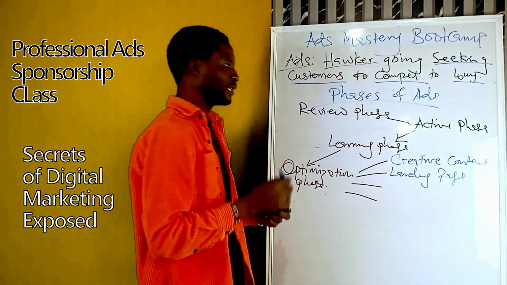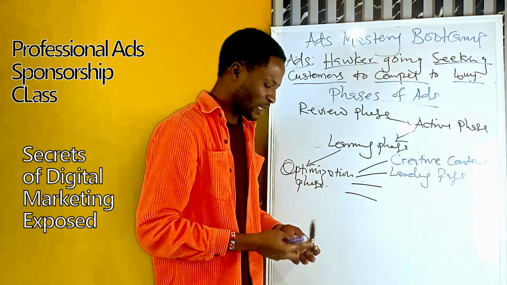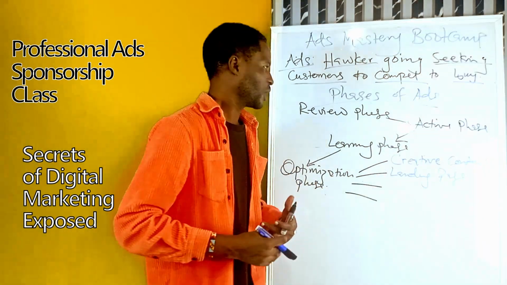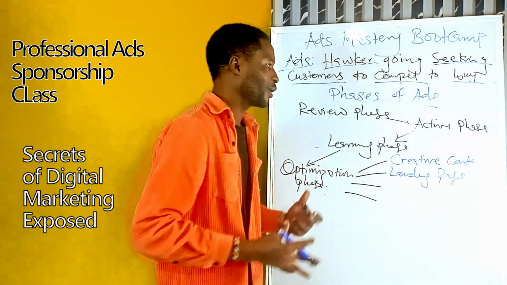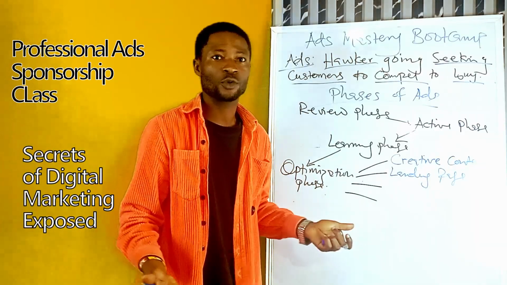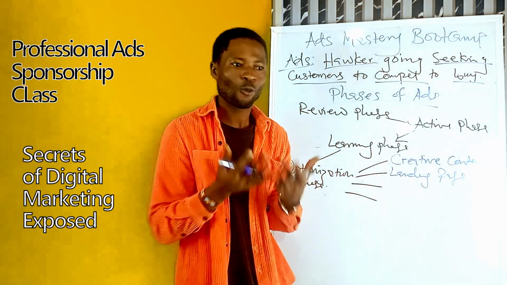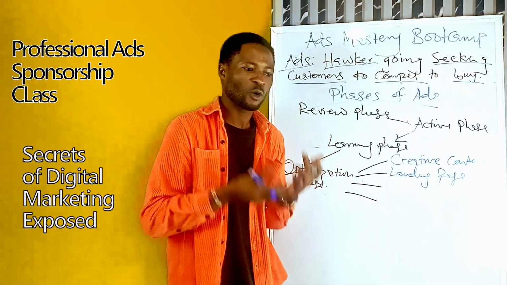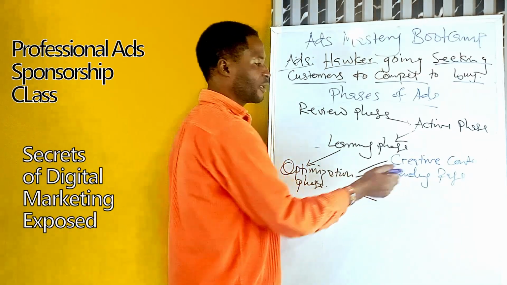Now, you can look at it this way. As an author, you have been able to successfully convince your customers that this is what I sell, this is what I do, and now they are happy to buy from you. But by the time they look at the packaging of what you promise, maybe the content may be very good, but your packaging is poor. That is your landing page.